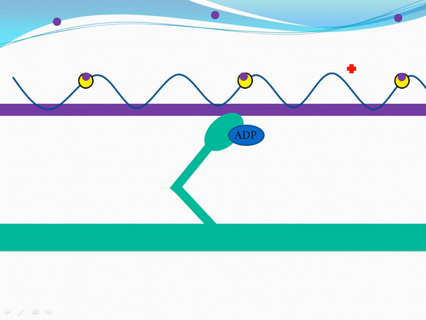But with rigor mortis, when people are dead, they tend to stiffen up due to this process because there's no ATP to unbind the myosin head from the actin anymore. The muscle is not really contracted, but it's just frozen in place.